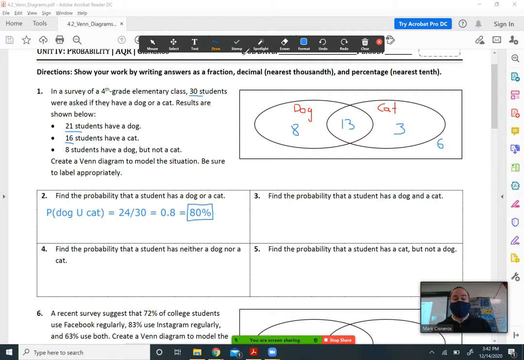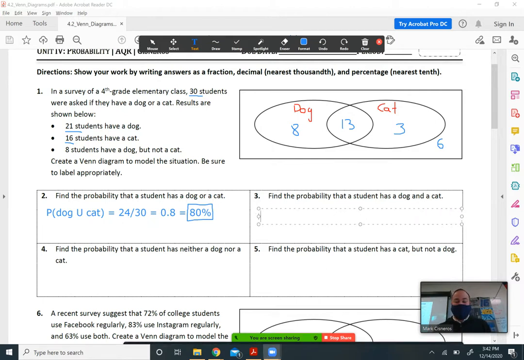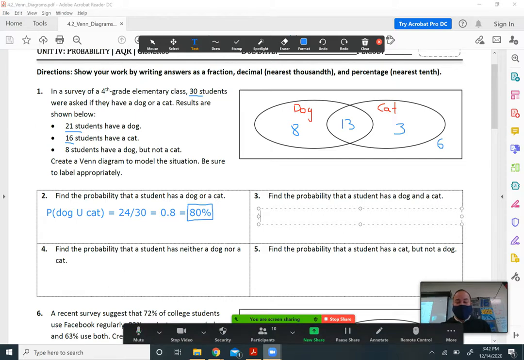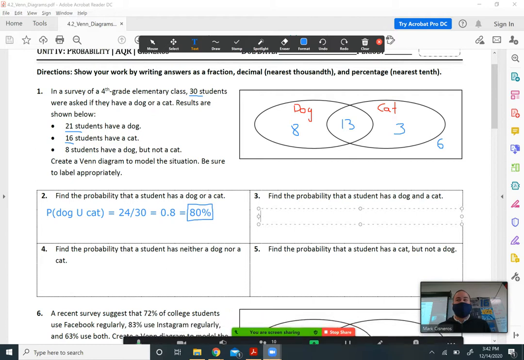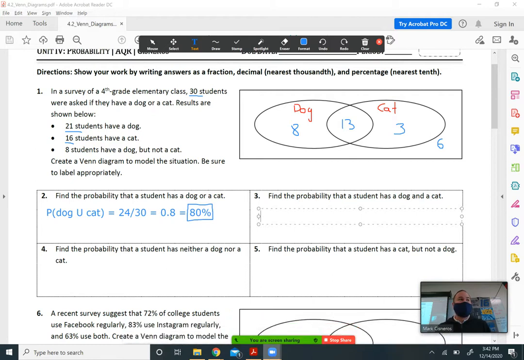Y'all want to do number 3? Okay. Find the probability that a student has a dog and a cat. What's the only thing I'm changing from the last problem? What's the only thing I'm changing from the notation?